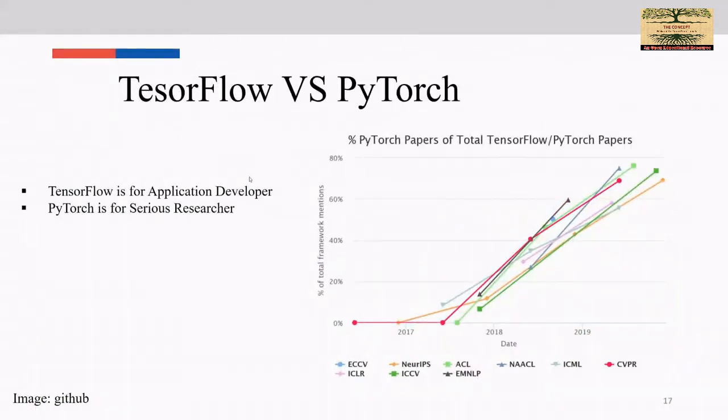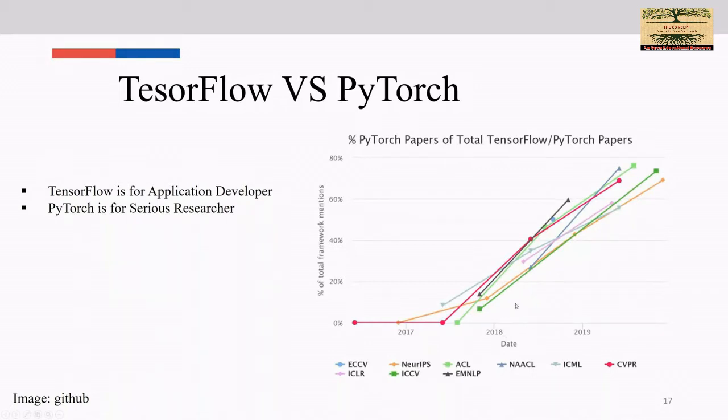A similar facility we also have in PyTorch. PyTorch is from Facebook Research. On the right side, you can see a graph from 2017 to 2020 of top conferences like ECCV, NeurIPS, ACL, CVPR. Here they have tried to figure out which one is popular.